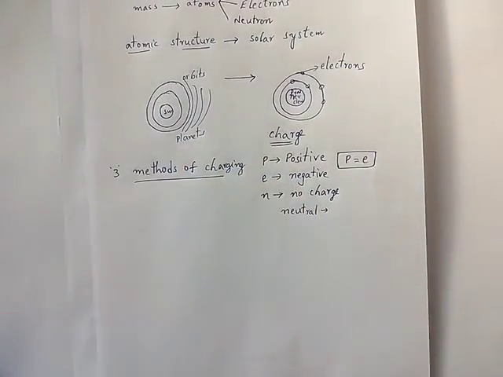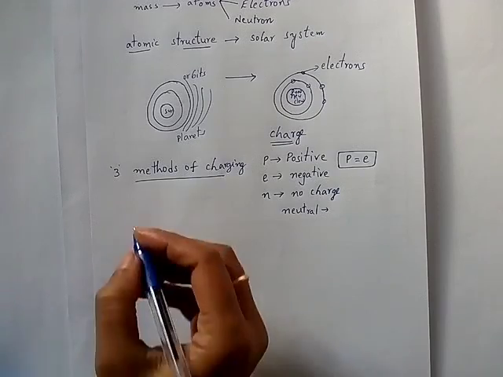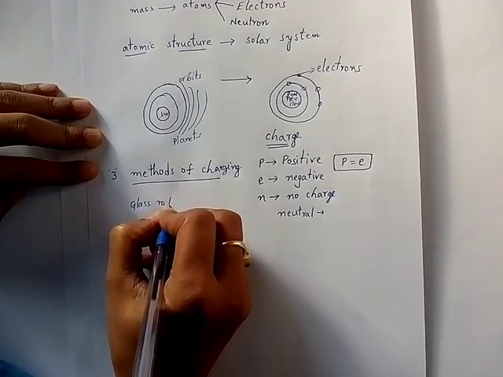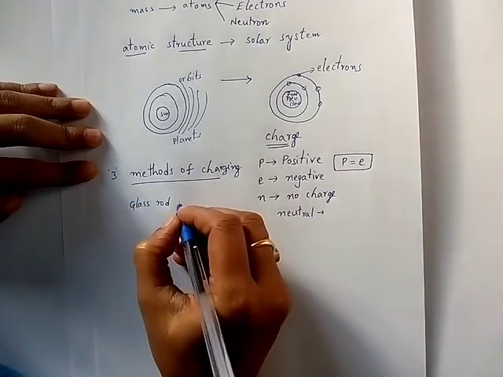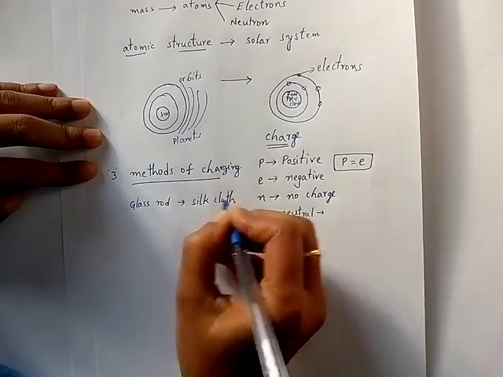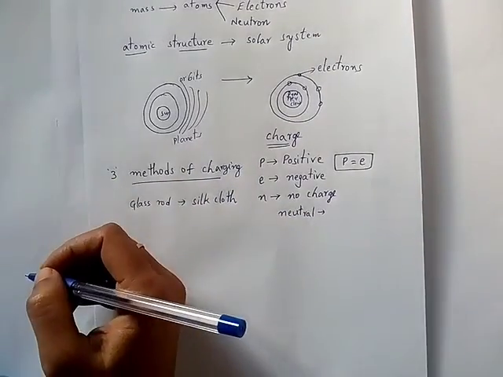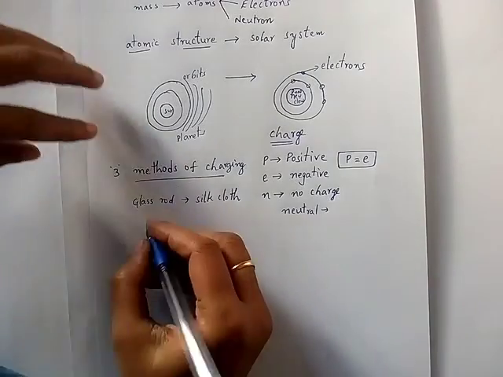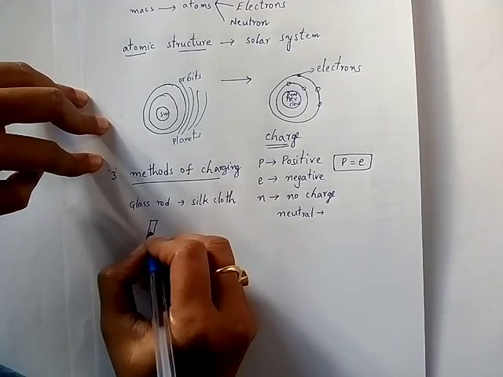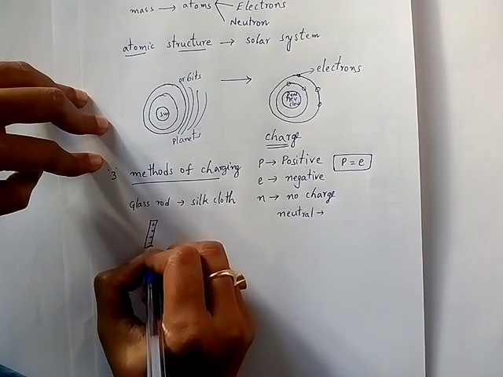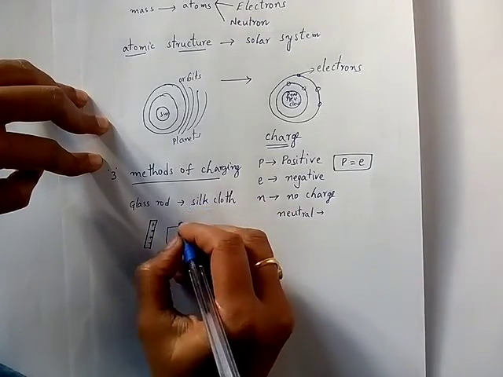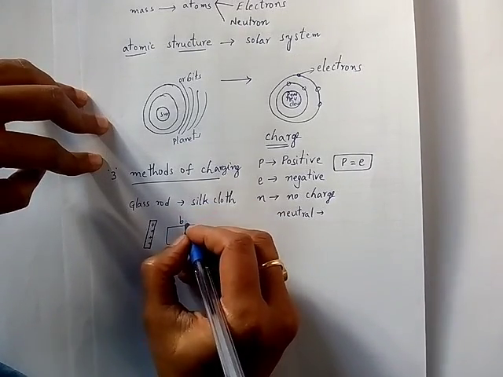Initially, how is it observed? When you take a glass rod, a rod made of glass, and a silk cloth, and rub them together, the glass rod becomes positively charged and the silk cloth becomes negatively charged.